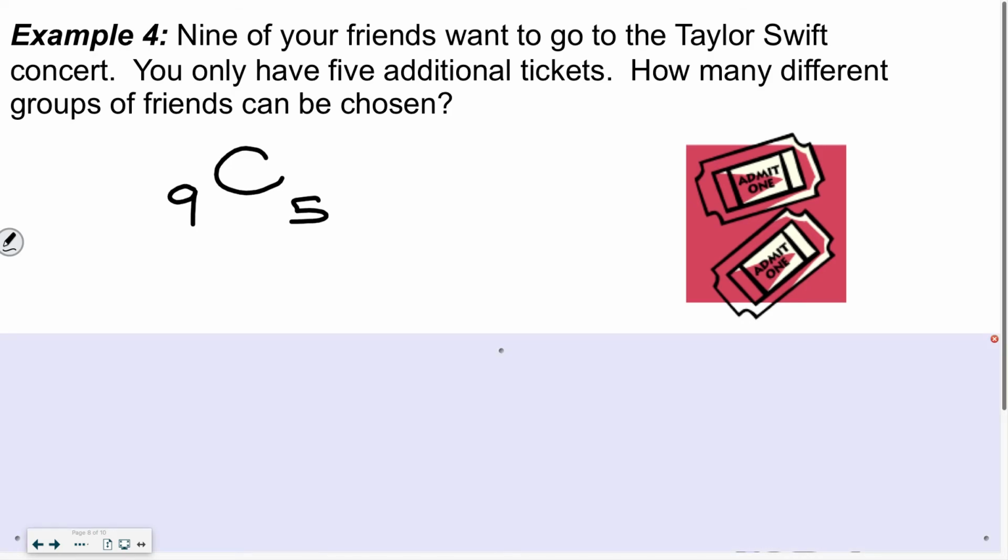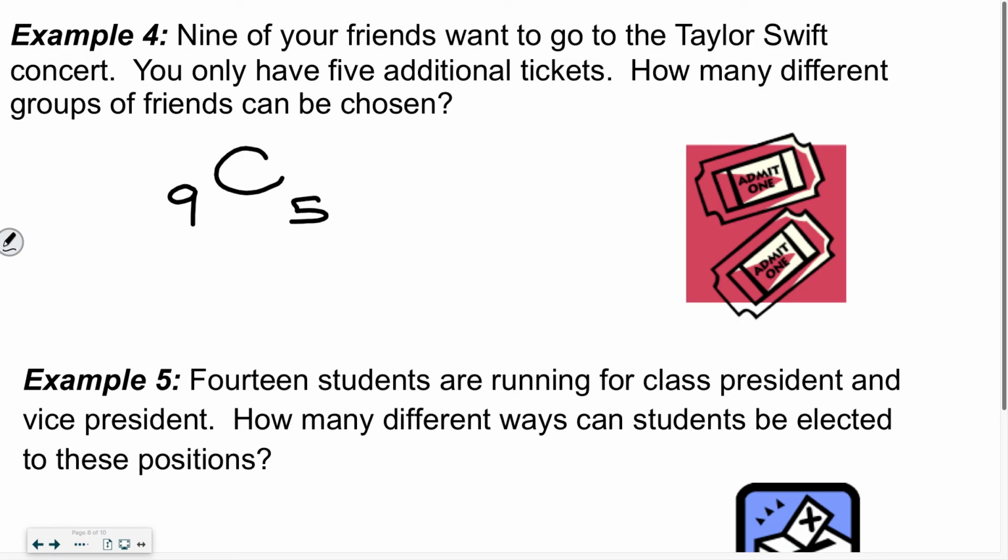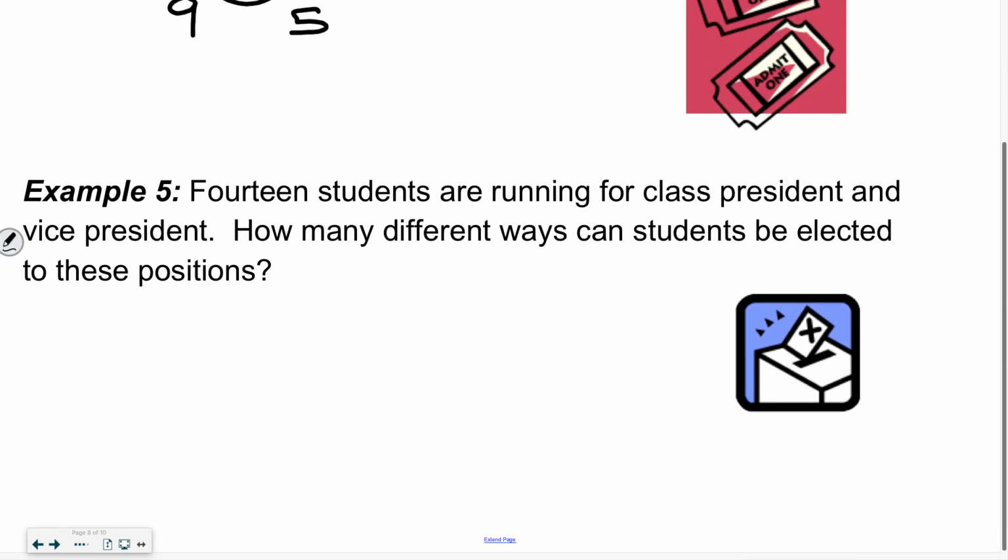14 students are running for class president, vice president. How many different ways can they be elected to these positions? What did you guys use? FCP, permutation, combination? Permutation. Why a permutation? Because it matters.